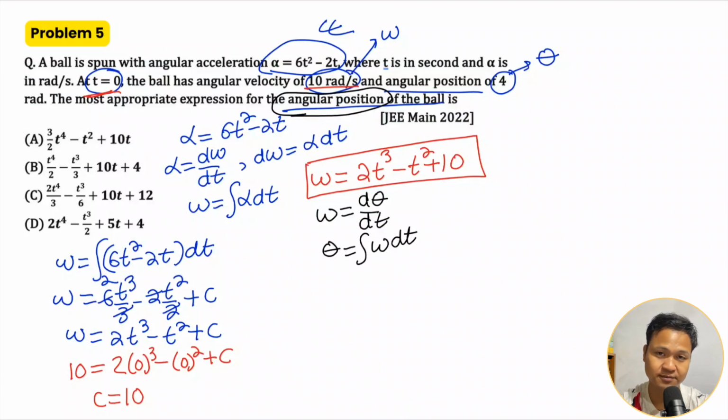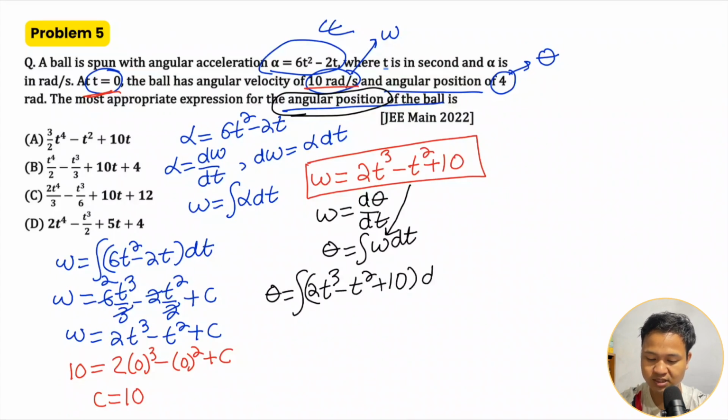Now put this omega function here and integrate one more time: integral of 2t cube minus t square plus 10 into dt. Integrating, we get 2 into t power 4 by 4 minus t cube by 3 plus 10t plus another constant c.